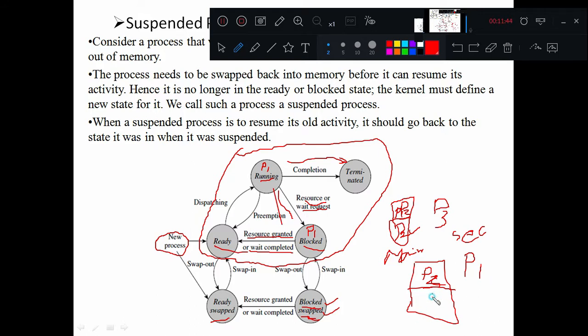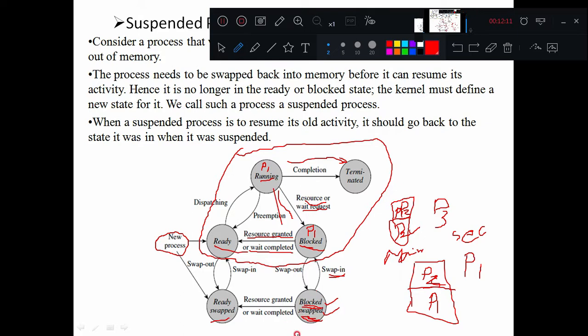So that will be swapped in, and its state will be changed from blocked swapped to blocked state, right? So once P3 or P2 finishes its execution, P1 will be brought back into the main memory and its state will be changed from blocked swapped to blocked.